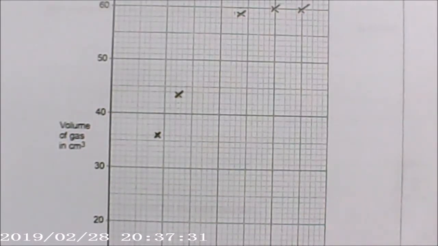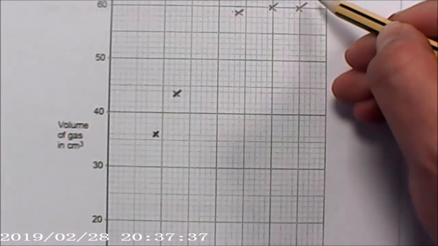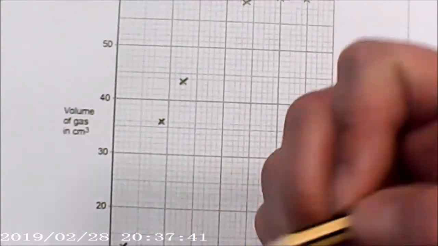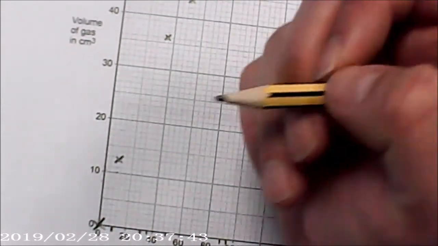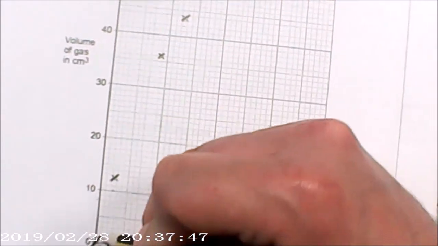So once you've finished your graph, look at your points and look at which line is going to be best. If I drew a straight line like that, then it's not going to take into consideration all of these crosses. So it is going to be a curve. Put your palm on the paper and use that as a pivot.